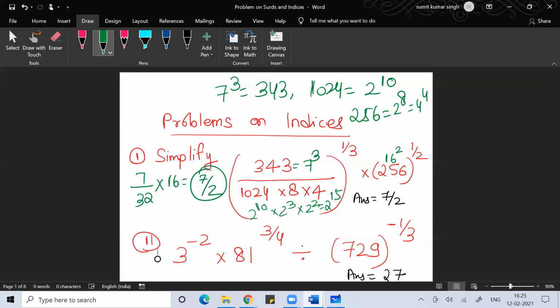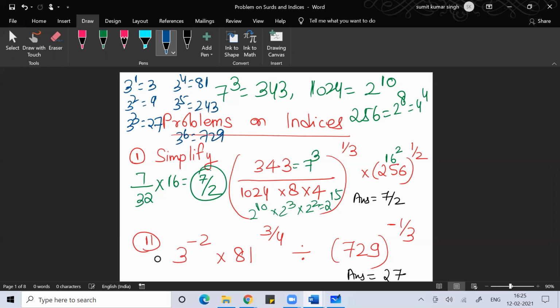I hope everyone remembers the powers. 3 to the power 1 is 3, 3 to the power 2 is 9, 3 to the power 3 is 27, 3 to the power 4 is 81, 3 to the power 5 is 243, 3 to the power 6 is 729.